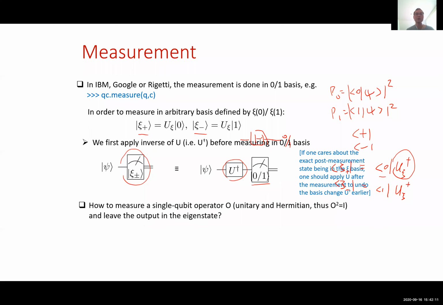Okay, there's also the question that if I have a single qubit operator, for example, and I want to actually measure and then leave the output in the eigenstate, this is how you do that. So you would send in this state, but you need to be able to do a control-O action.